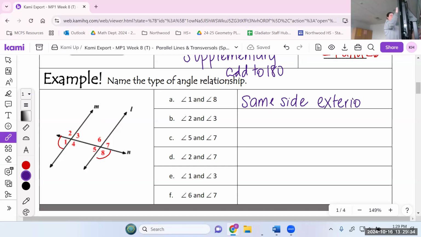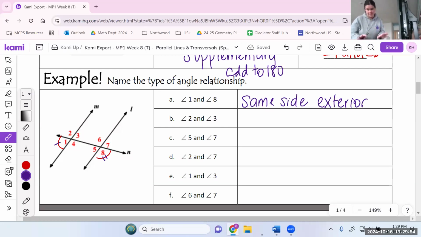And if I was with you today, I would ask you, do you think these are congruent or do they add to 180? I drew them wrong. I'm gonna draw them like this. Because it almost looked like congruent because they had the same markings, but they're not the same markings. They should be different. They're gonna add to 180 here, right? Why?